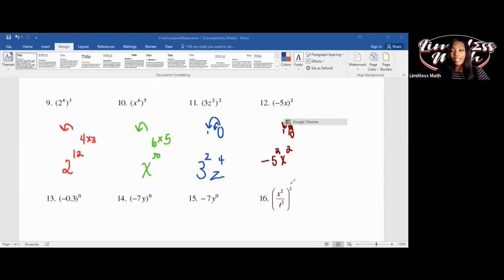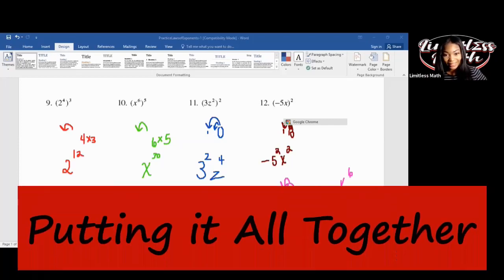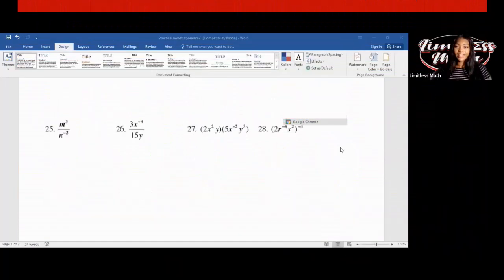And I follow the same exact process, right? 3 goes to the 2, 3 goes to the 1. So I end up with x to the 6th over t to the 3rd. Very important. Power to power, multiply the exponents. Power to power, multiply the exponents.